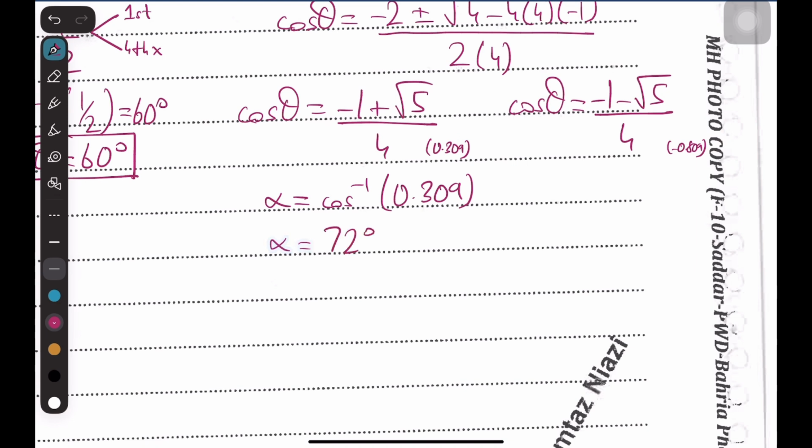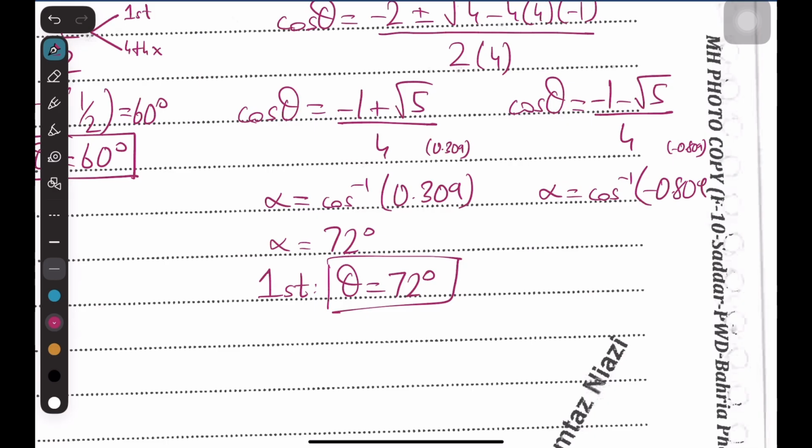Again, this is positive, so we'll only take the first quadrant, and we'll have theta equals alpha, which is 72 degrees. For the last one, we have alpha equals cos inverse negative 0.809. So for alpha, we don't take negative, we'll just take 0.809, and our alpha value is coming 36.0 degrees.